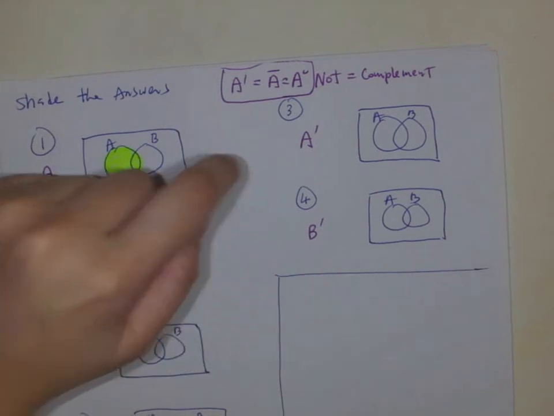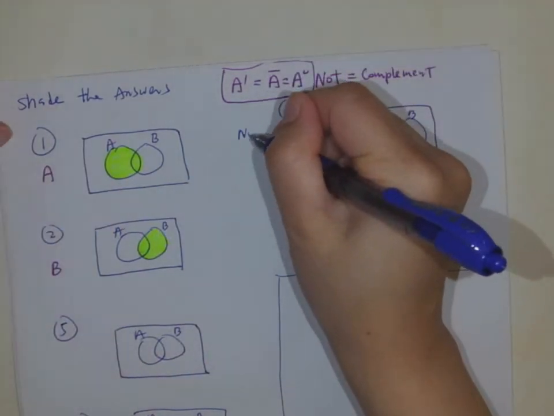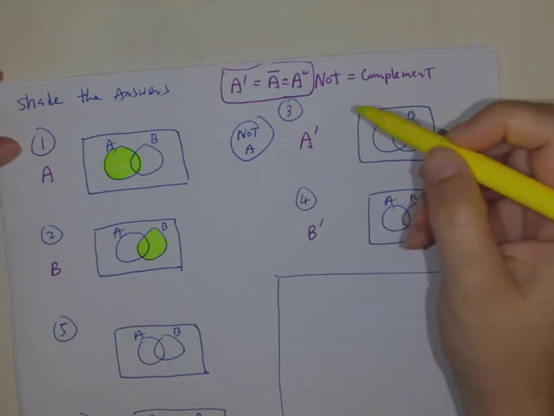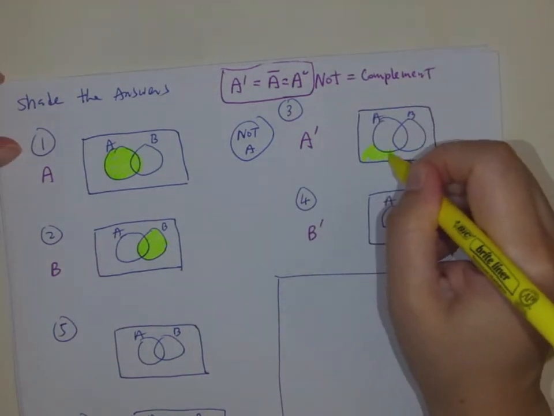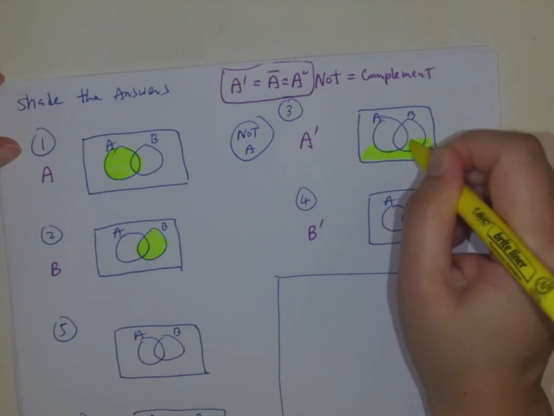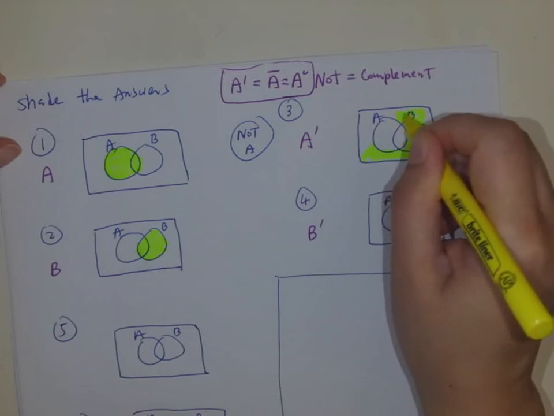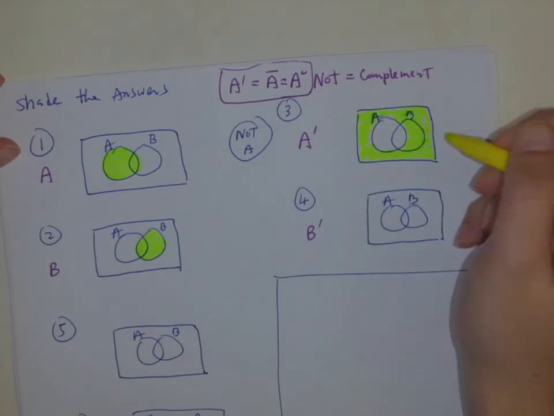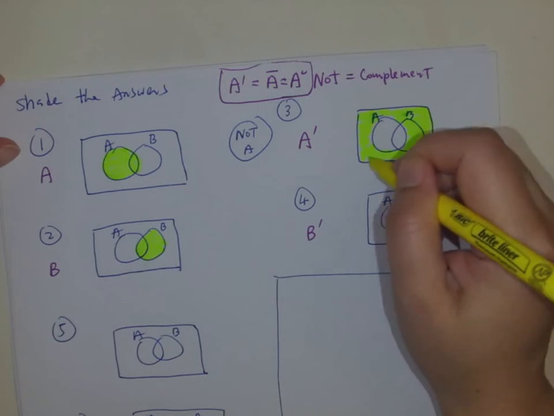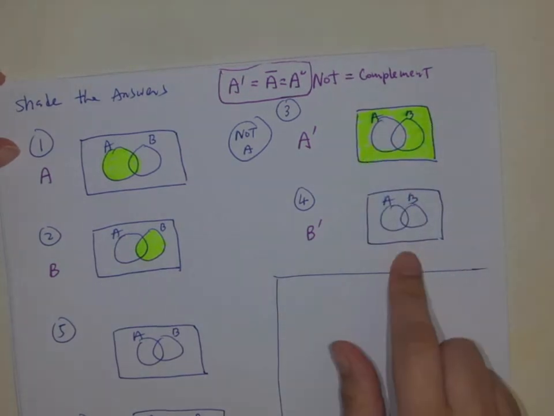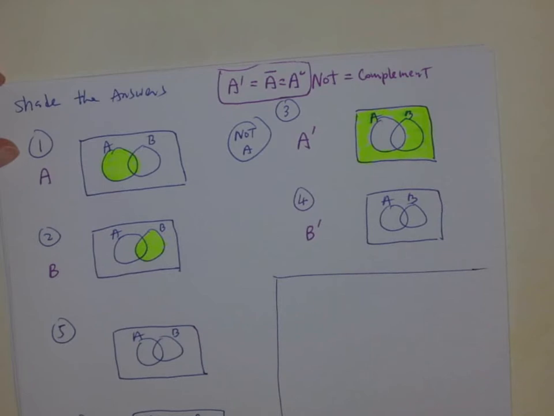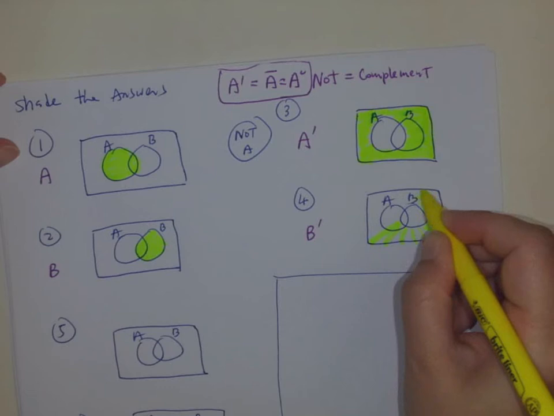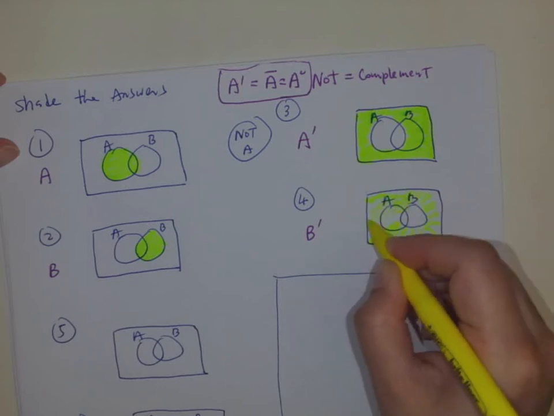And if I need not A, then anything can be part of my answer except the A circle, so we're going to need to shade outside of the A circle. Alright, so what do you think not B? Not B would be outside of the B circle.